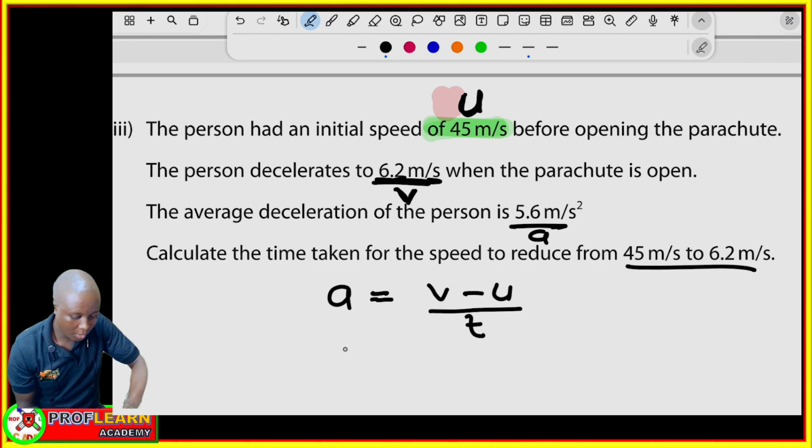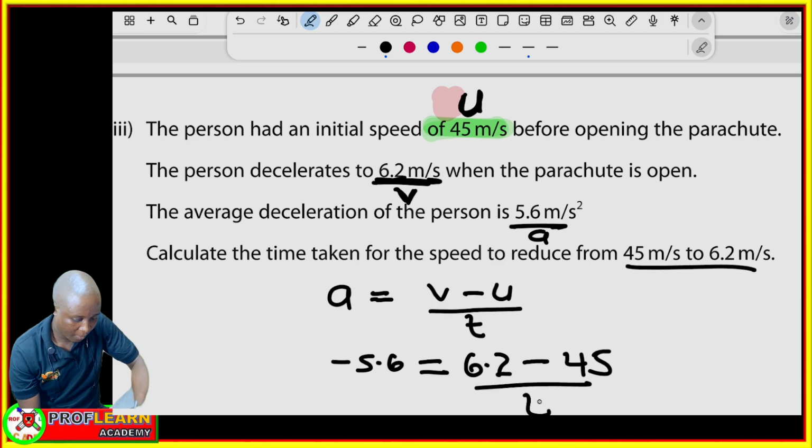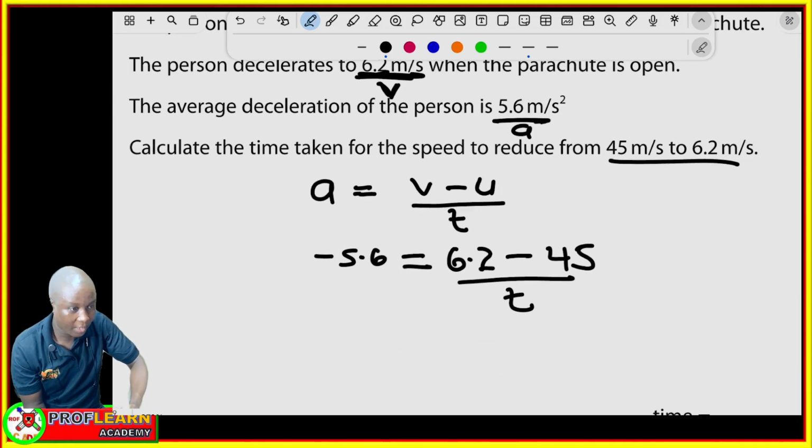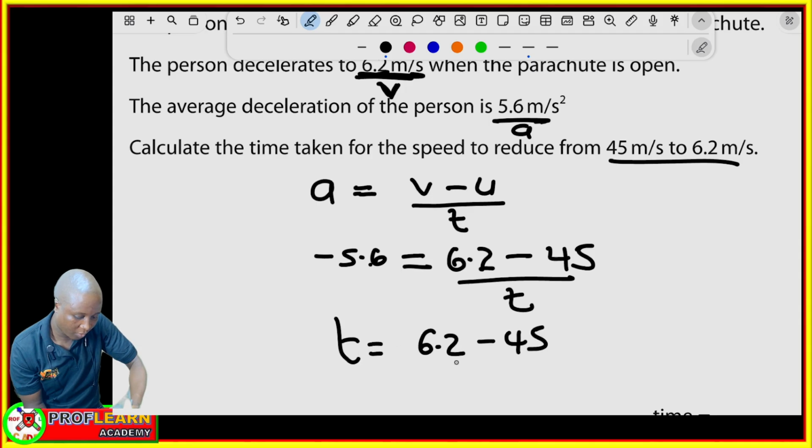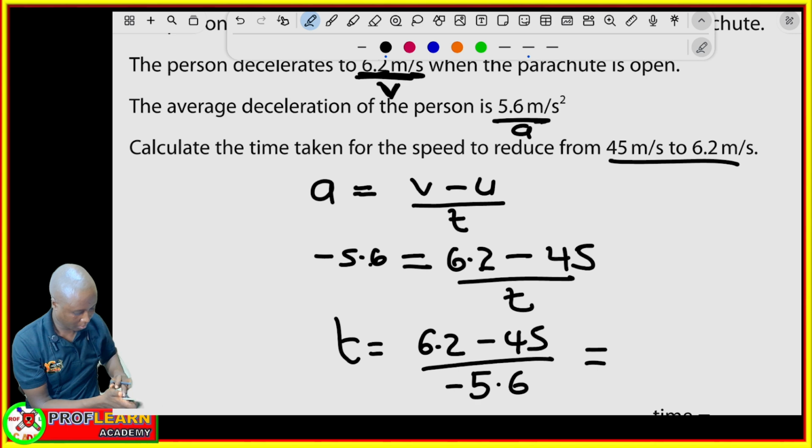In this case, our acceleration is negative 5.6, equal to final 6.2 minus initial, which is 45, divided by time, which we don't know. If I rearrange this, I can multiply by t and divide by negative 5.6 on both sides. So t is equal to 6.2 minus 45 over negative 5.6.